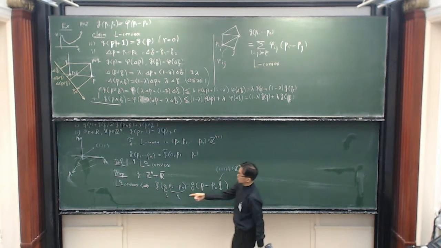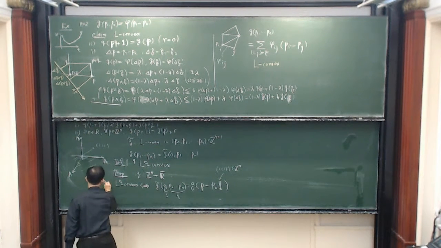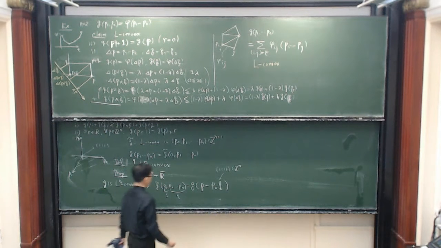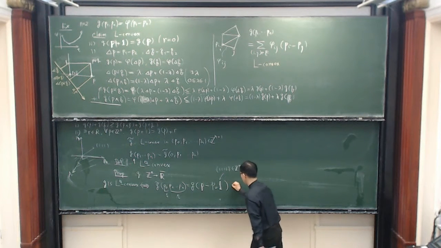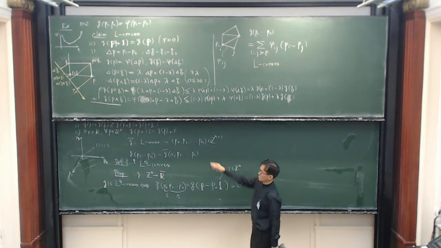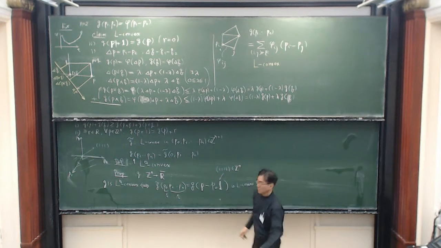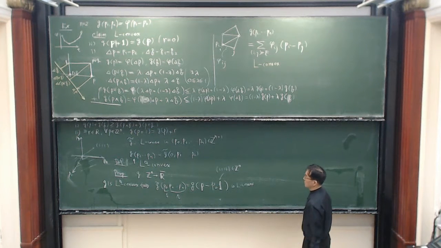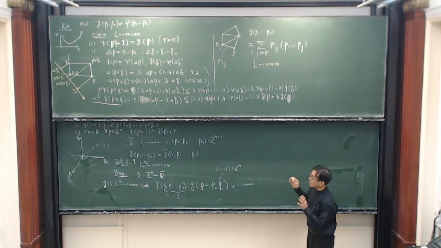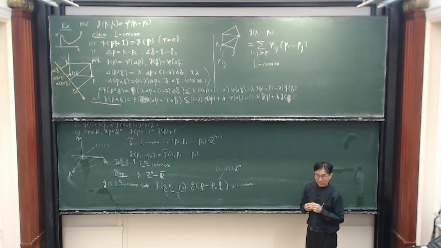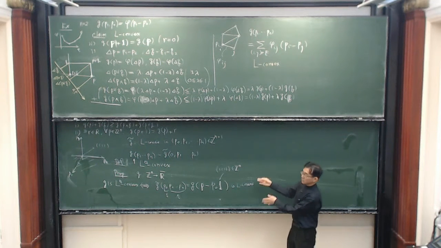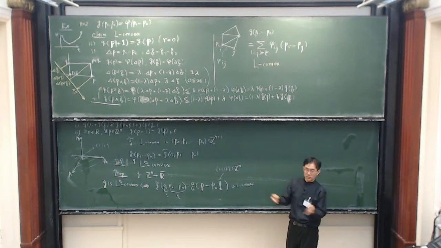And g is L natural convex if and only if this function is L-convex. It's easy to see from this. So in a sense, L and L natural are equivalent. If we have one, we can construct the other in a simple way.